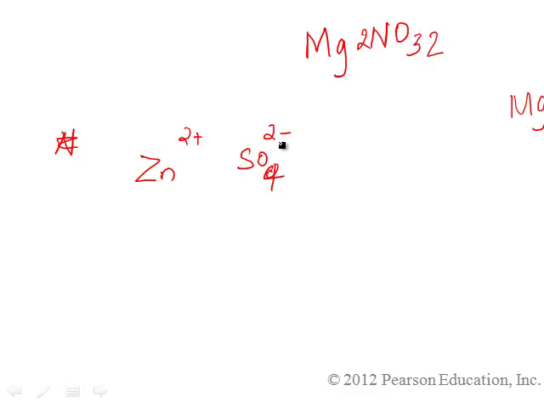So how do we write the formula? Zn SO4. Remember, as I said, you can write it in the lowest possible ratio. So instead of writing Zn2(SO4)2, you can just write ZnSO4. 1, 1 will give you the charge balance.